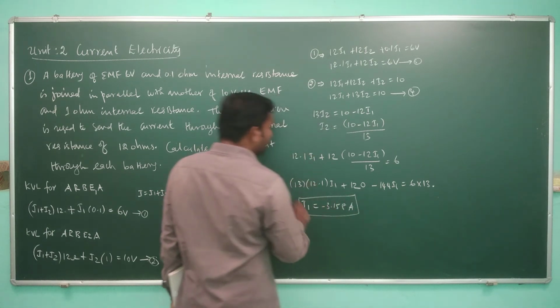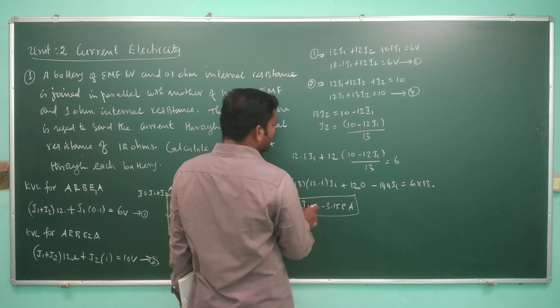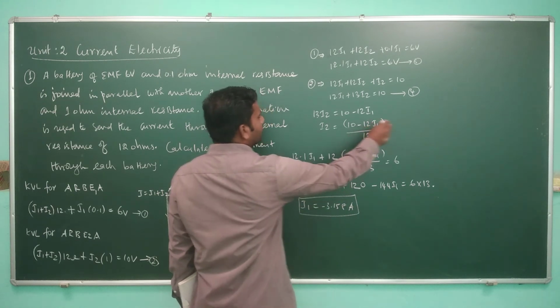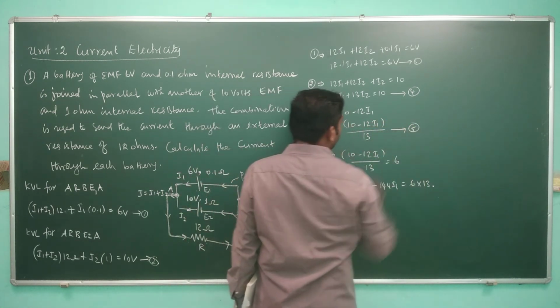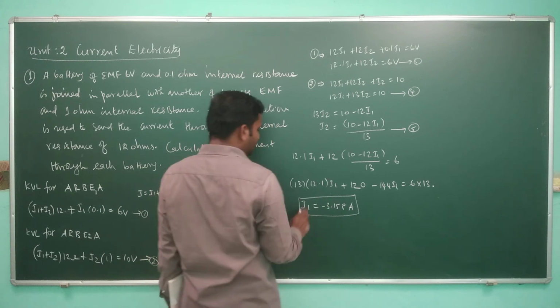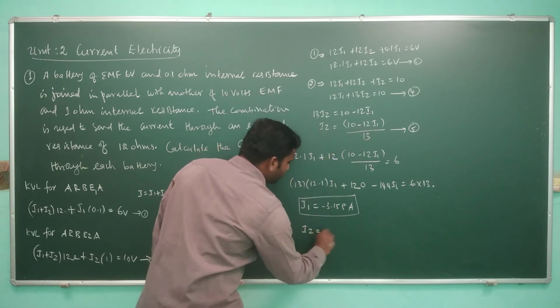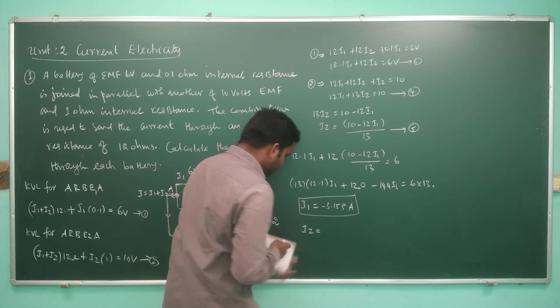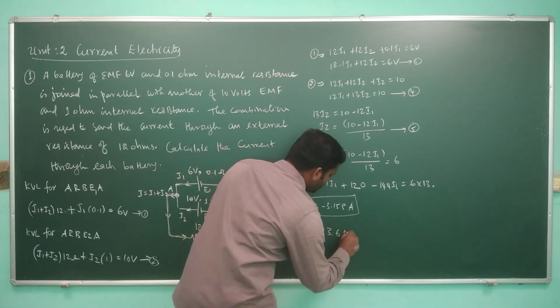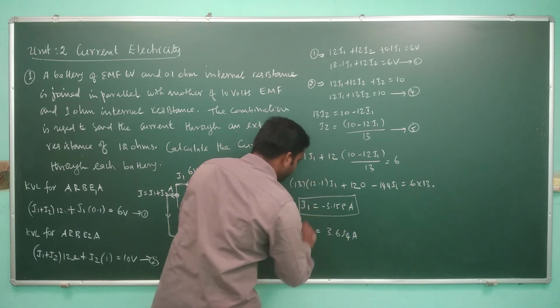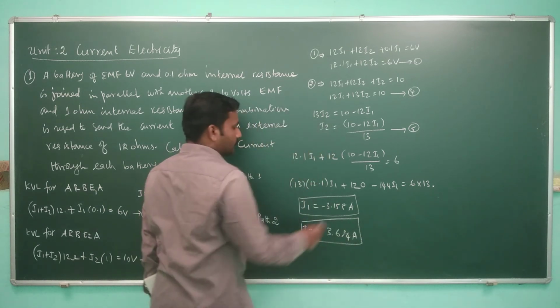Substituting this I1 value in equation number 5, you will get the value for I2, which is equal to 3.684 ampere.